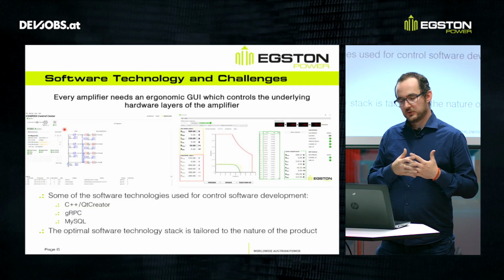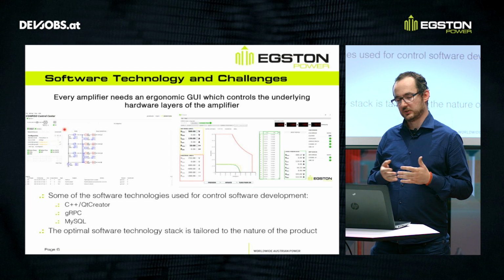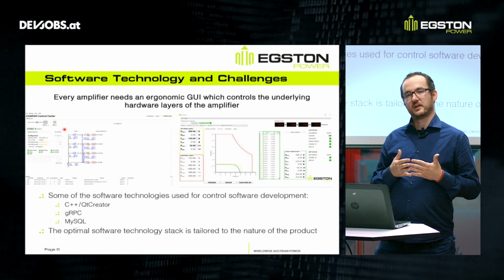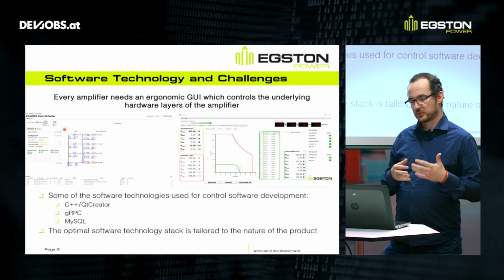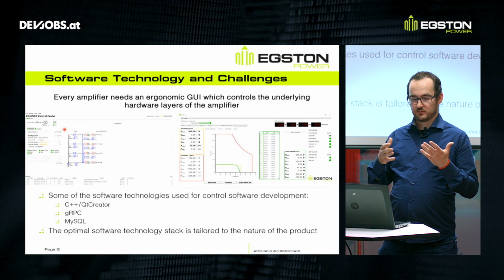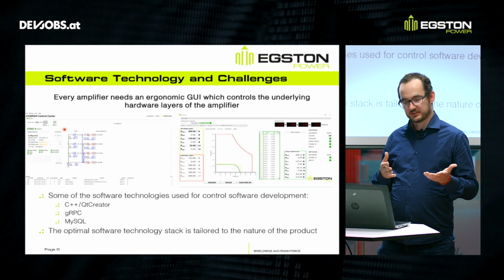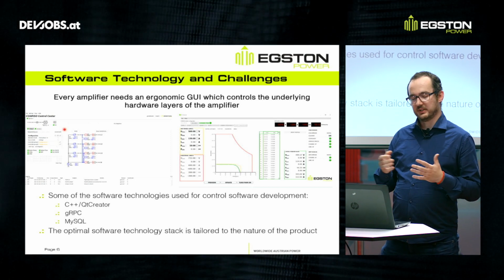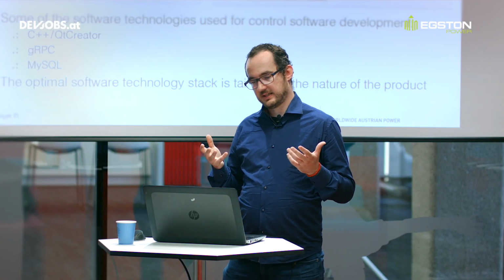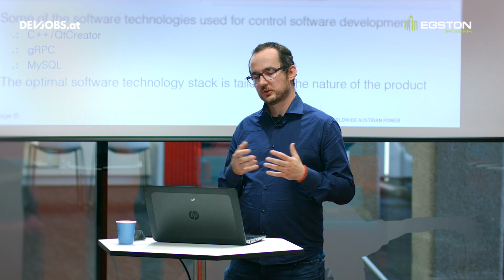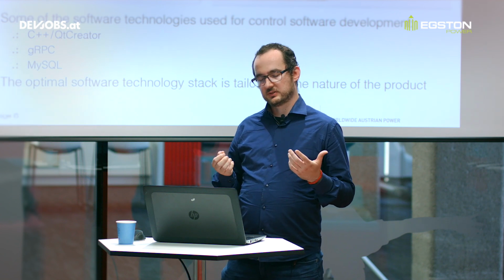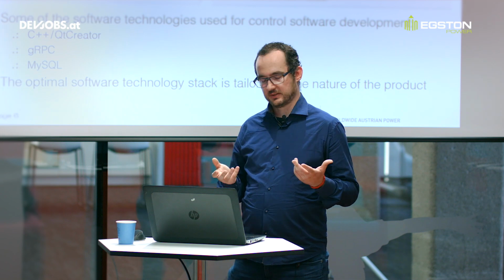The technologies that we use in software in order to meet all these requirements and make the system functional and running range from C++ and Qt Creator over remote procedure calls, gRPC, to databases, MySQL. But it is important to emphasize that the technology stack that we use in order to develop software also depends on the concrete product and the project.